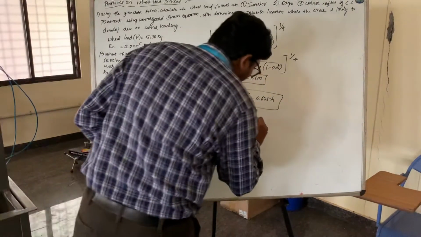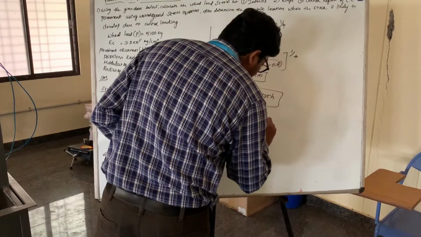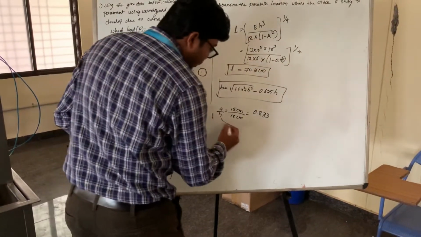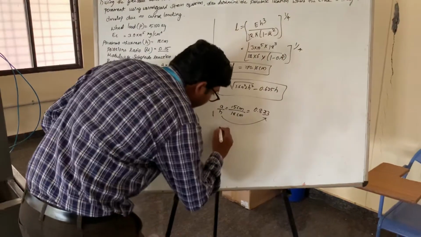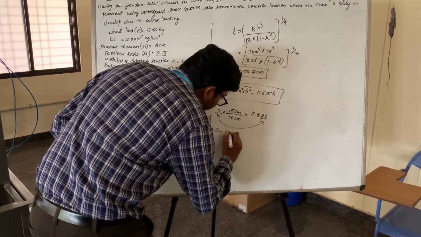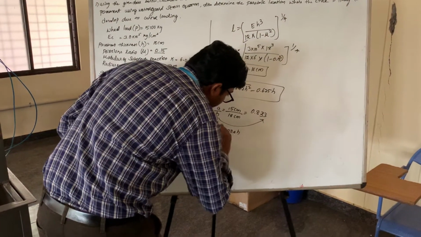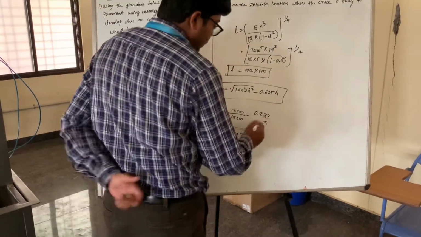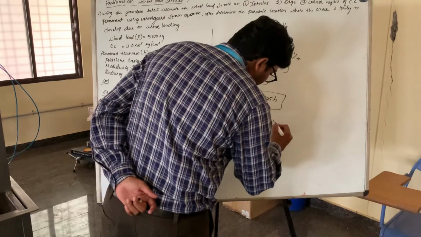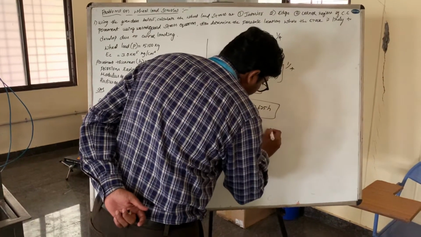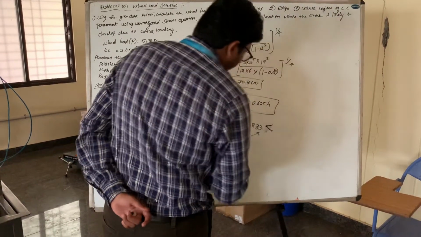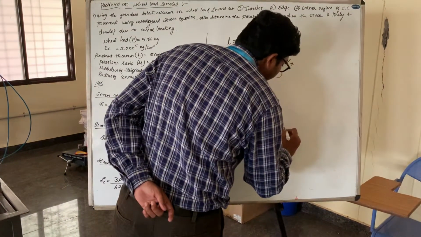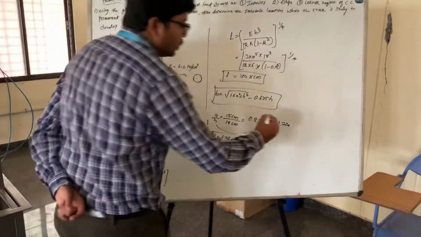Here it is 0.833. Okay, if we convert the h value to the other side, a will be 1.724 times h, right? Now see, the a by h value is less than 1.724, so the value is correct.